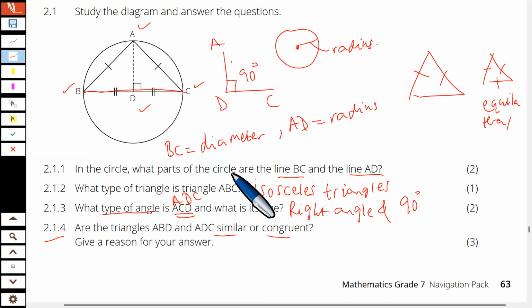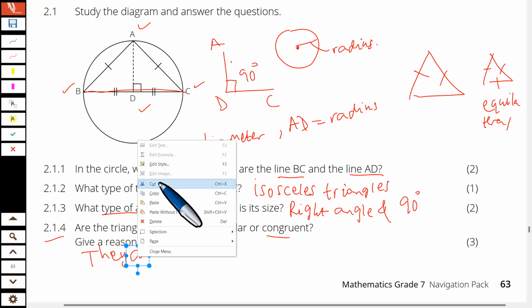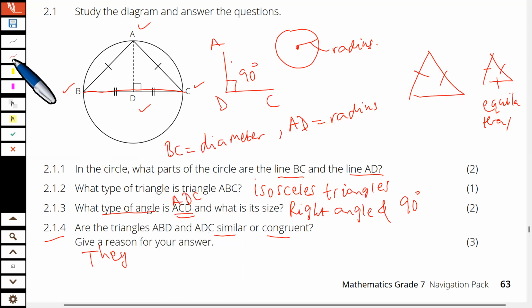Okay, so the two triangles are congruent. So in 2.1.4, the answer is they are congruent.